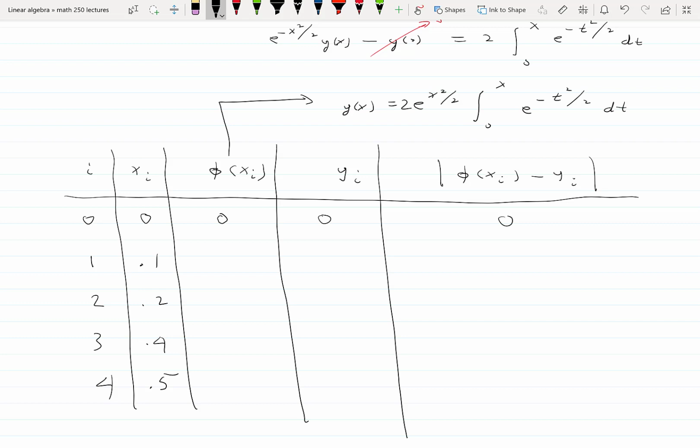So at point 1, in my calculator, I computed the actual solution value as 0.20067. You might want to try to do this on your own and see if you get these same values. Enter in your graphing calculator y1 as the solution that I have right here, red arrow.